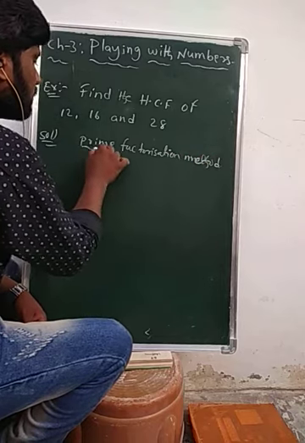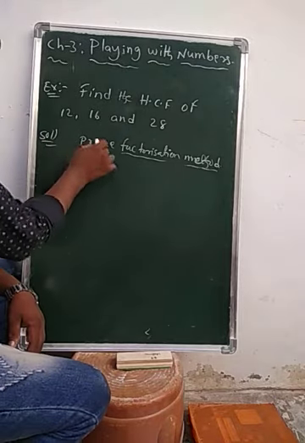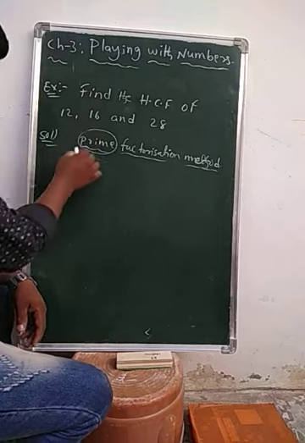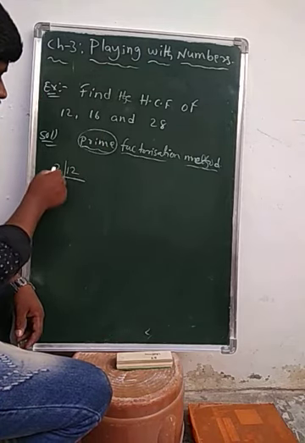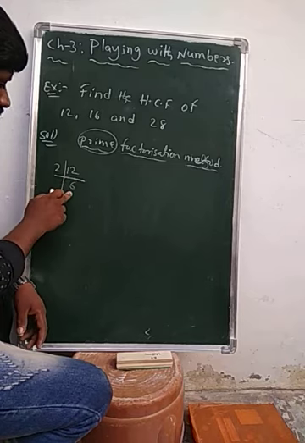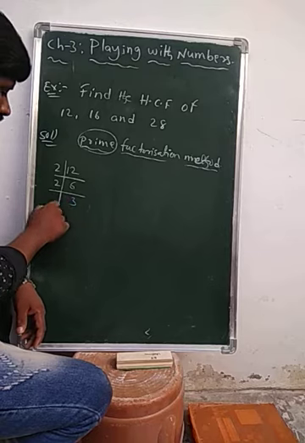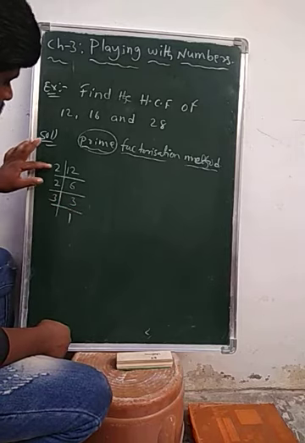In the prime factorization method we must use only prime numbers. First of all I am taking 12. So I am using prime numbers. 2 6s are 12, again 2 3s are 6, and 3 1s are 3. So clearly we used prime numbers.